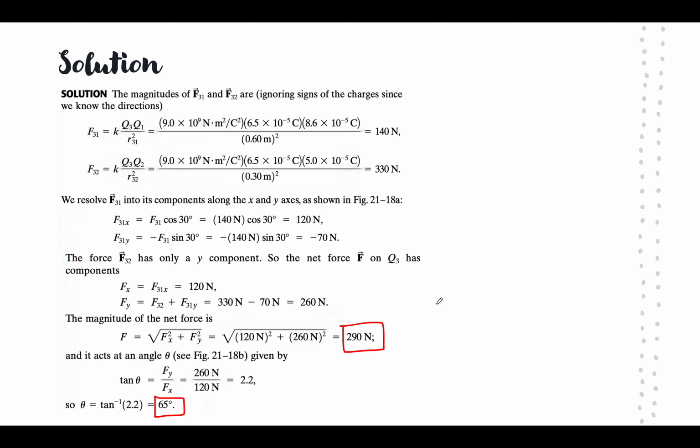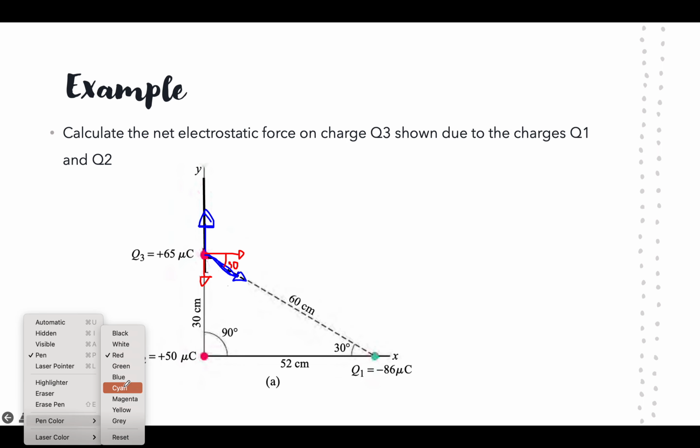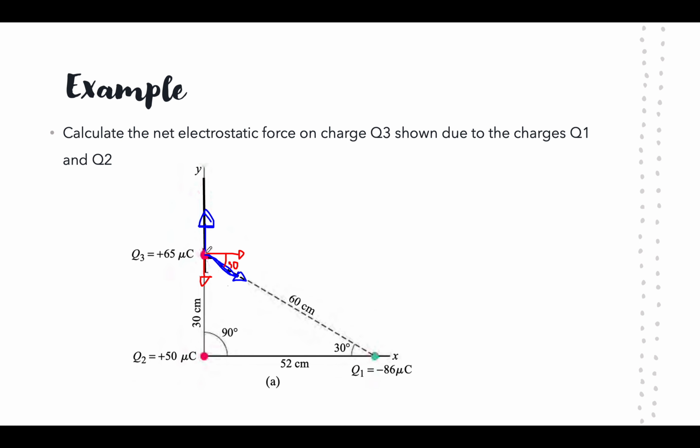So our net force would be 290 newtons at an angle of 65 degrees. Let's see if the angle makes sense. We have this one, and then this vertical component will be greater than that. So it makes sense that our net force would point somewhere in this direction right here. All right, so this would be our net force right there.